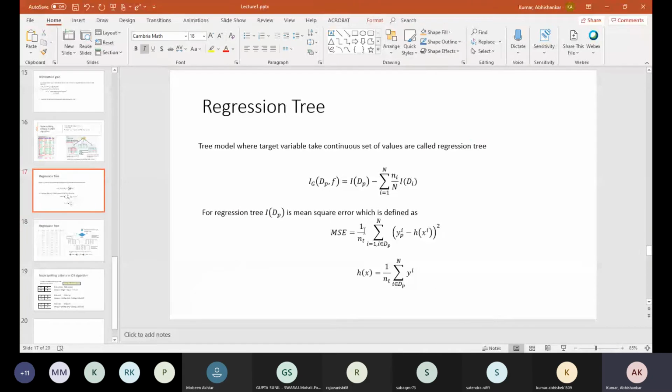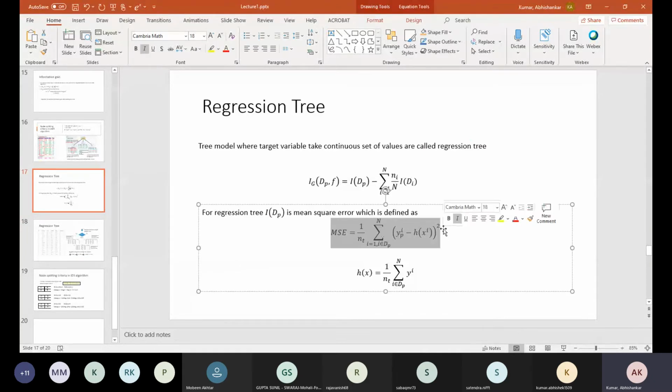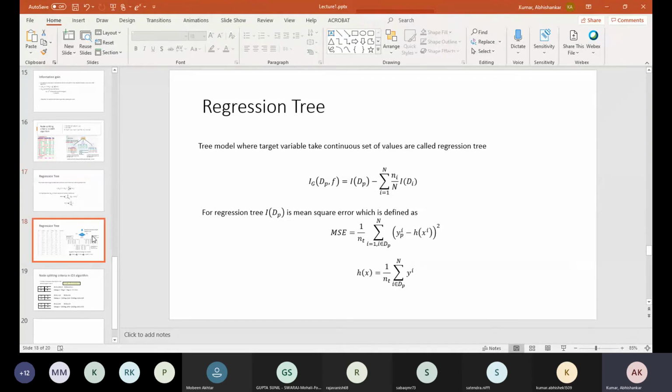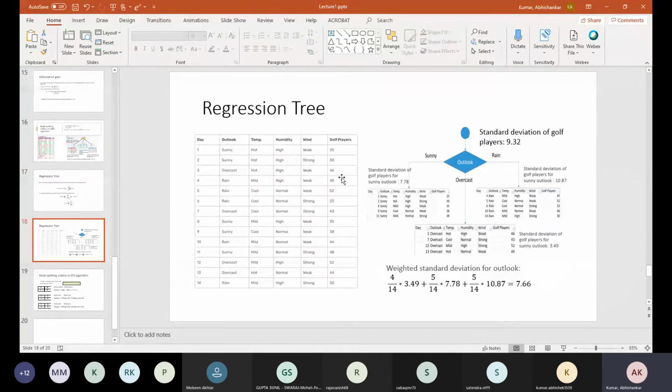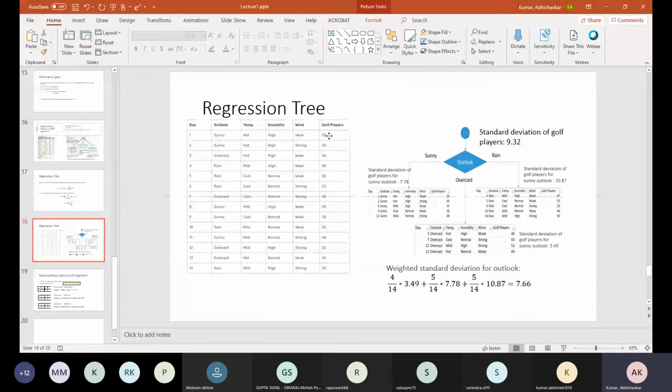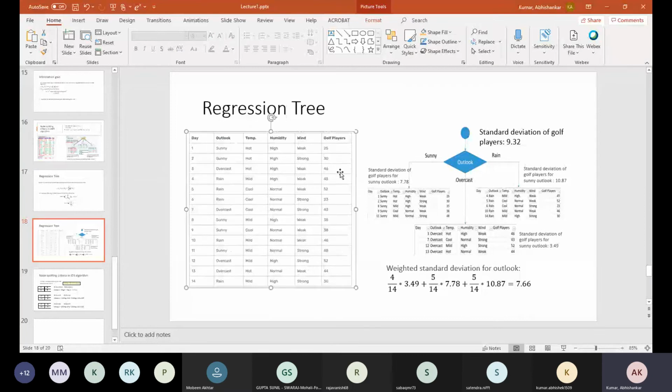And if you want to calculate this, you have to use this formula, y_i minus hx_i. Can anyone tell me what the standard deviation of this golf player count is? How do you calculate the standard deviation?